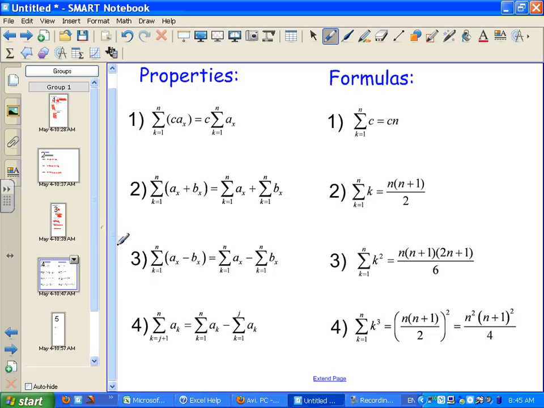And then this one will be easier to explain if we actually use numbers. What this one is saying is, let's say I don't want to start at 1. I want the summation of the terms from the 5th term to the 10th term. Right? All this is saying is that I want to find the summation of all the terms 1 through 10, but since I only wanted 5 through 10, then what do I have to take off?